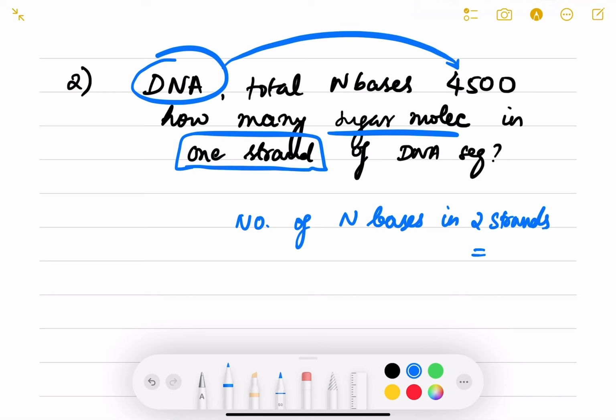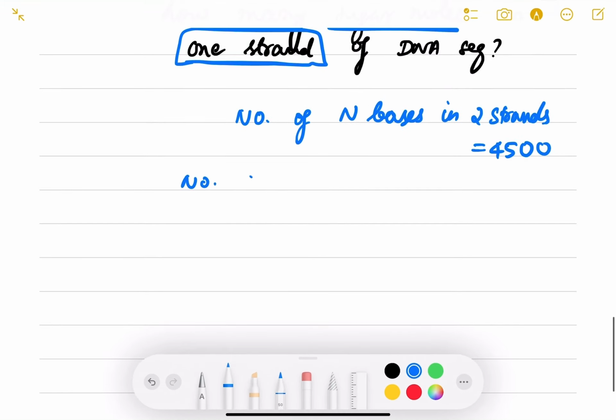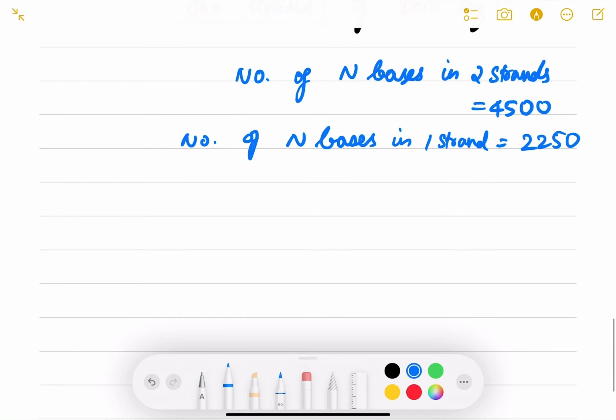Now the number of nitrogen bases in one strand is 4500 divided by 2, which is equal to 2250. We all know that the number of nitrogen bases is equal to the number of sugar molecules.